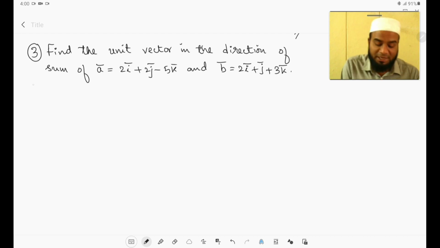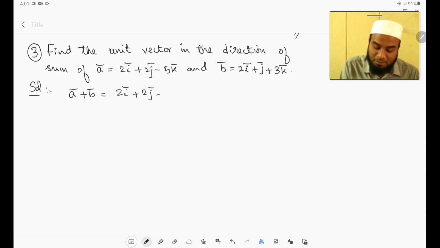First we will find the sum of a bar and b bar, that is a bar plus b bar. a bar is given to be 2i plus 2j minus 5k, right? Plus b bar, which is 2i bar plus j bar plus 3k bar.